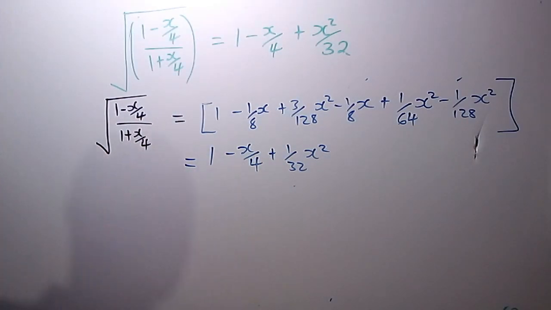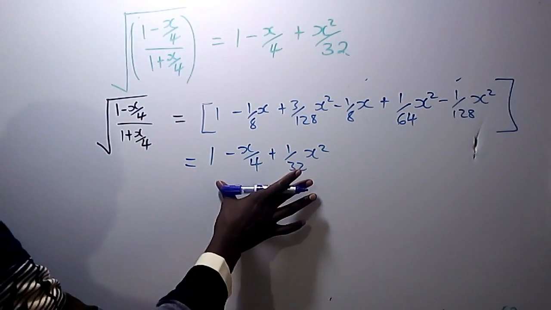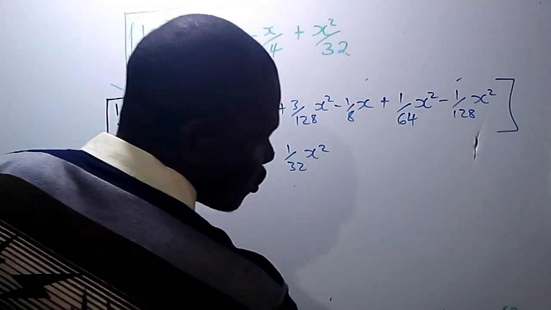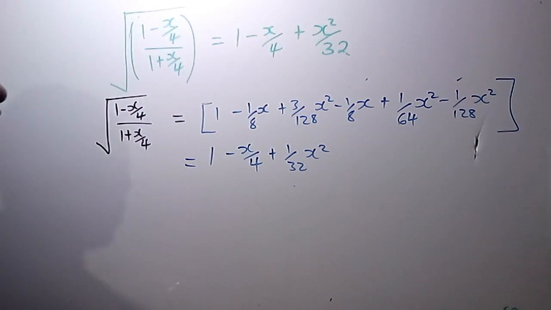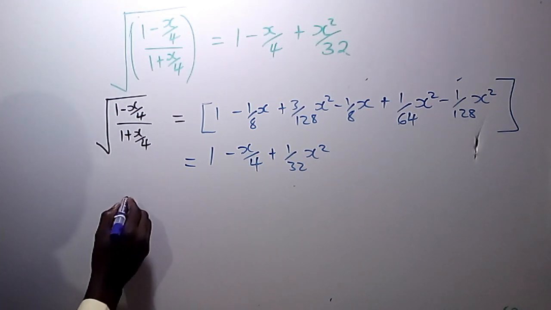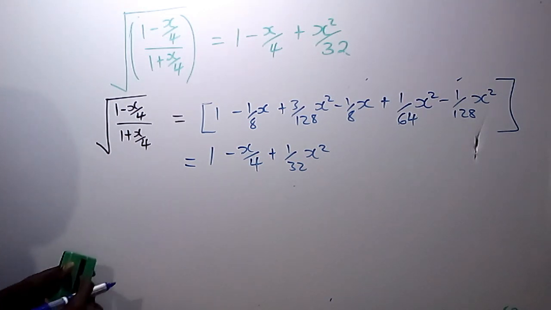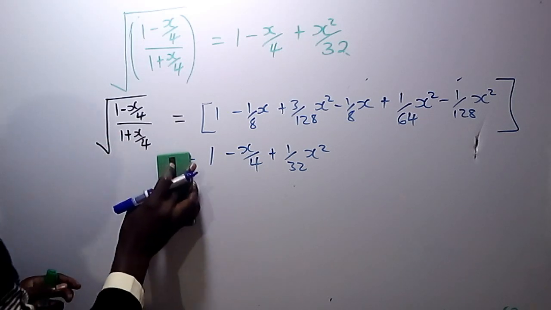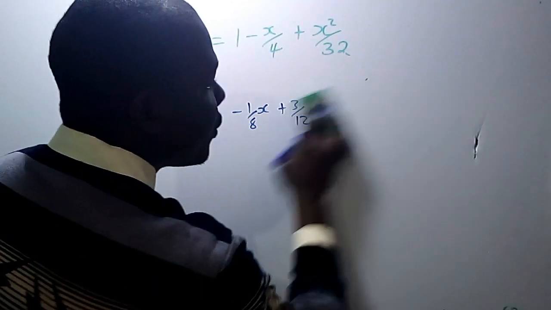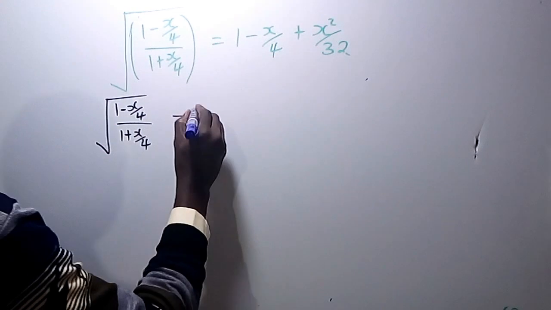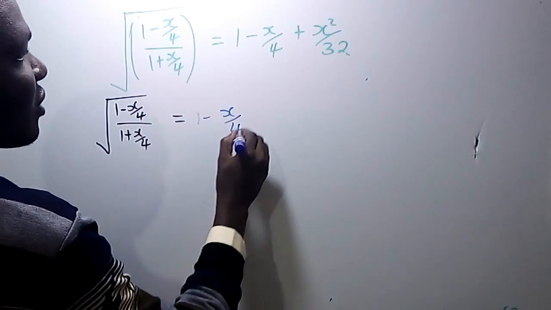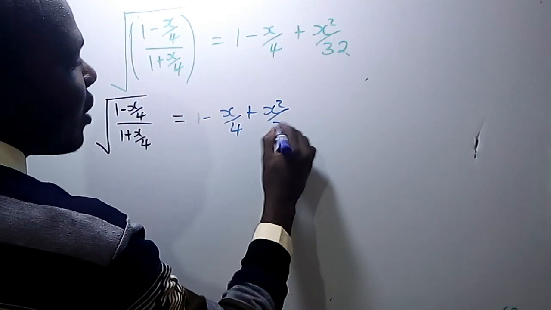Then after that, you've been told to use it to approximate the value of root 63 over 64 when x is 1 over 16. So what we've found is 1 minus x over 4 plus x squared over 32.